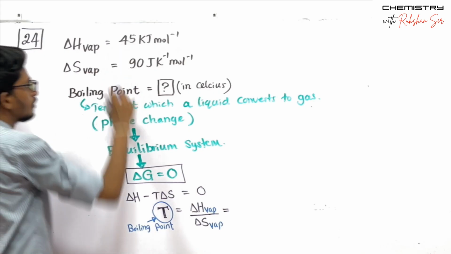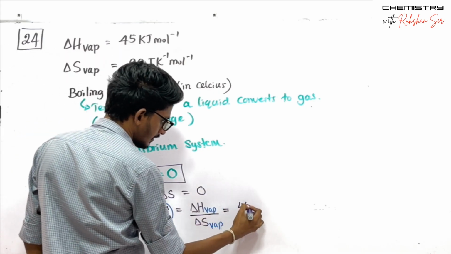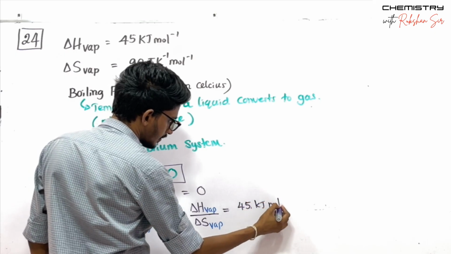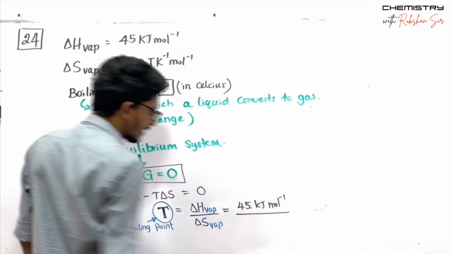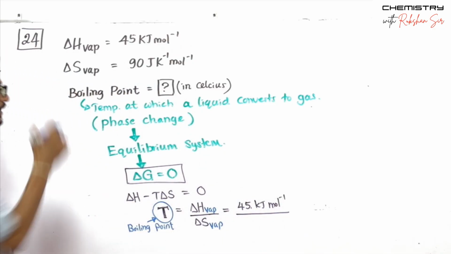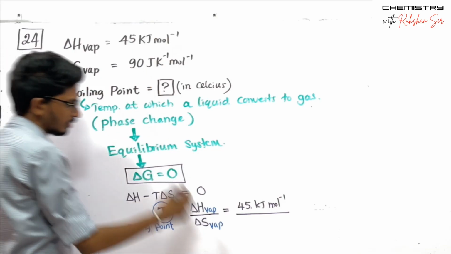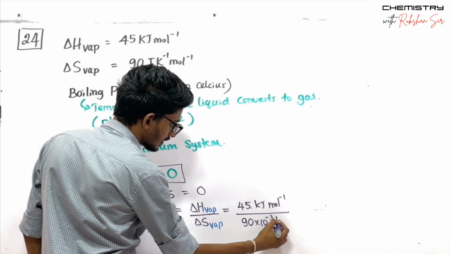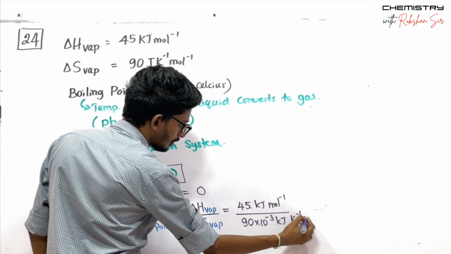So this value is 45 kilojoules per mole. Both values should come with the same dimensions, so this should be applied in kilojoules. So 90 into 10 to the power minus 3 kilojoules per Kelvin per mole.